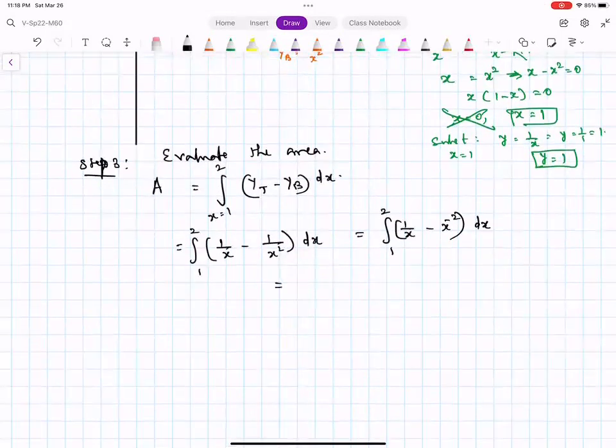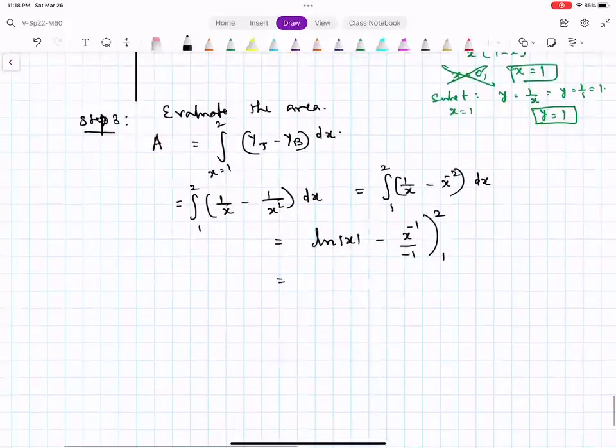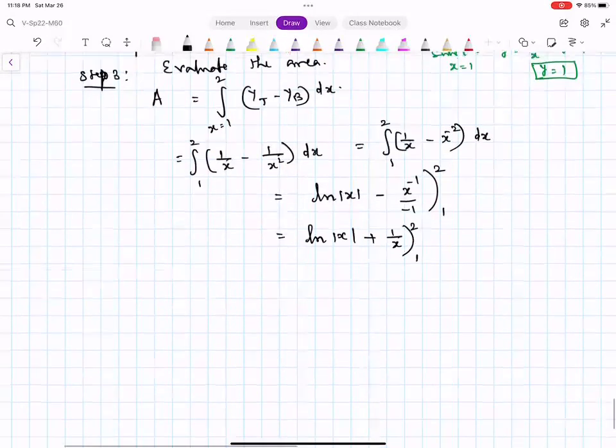The integral of 1 over x is ln of absolute x, and the other one is x to the negative 1 over negative 1, which needs to be evaluated between 1 and 2. So ln of absolute x plus 1 over x, because negative and negative is positive, and x to the negative 1 is 1 over x, between 1 and 2.